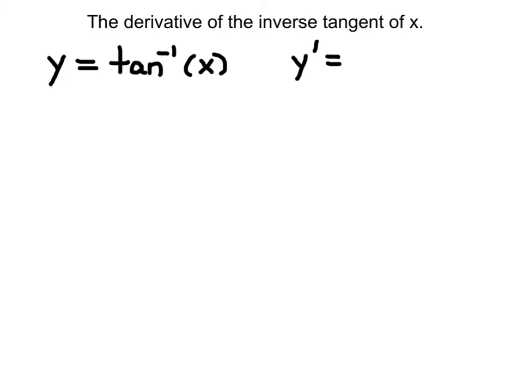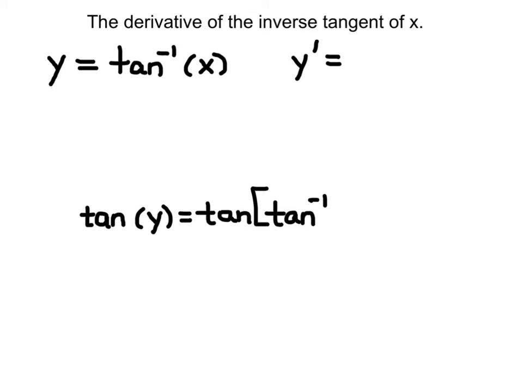So let's start with this first equation, and we're going to take the tangent of both the left and the right-hand side. And when we do that, we're going to have the tangent of y, that's my left-hand side, is equal to the tangent of the right-hand side, which is the tangent of the inverse tangent of x.